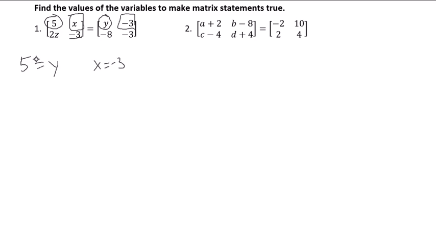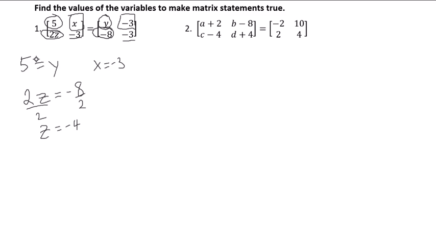You can see that the -3 here and -3 here are the same. And then we can look at this 2z and this -8. So that's 2z equals -8. Divide both sides by 2, and z equals -4. So we get x is -3, y is 5, and z is -4.